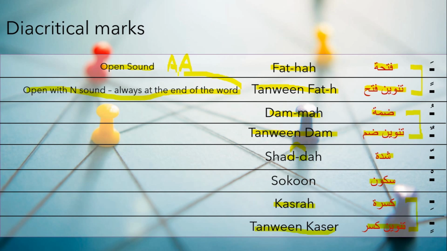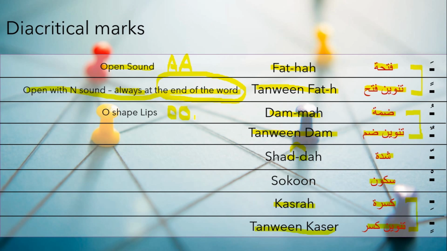So if we put it over the letter ra, it will be ran. If we put it over the letter, for example, alif, it will be an. And always the tanween comes at the end of the word, never in the middle or at the beginning of the word. So we are ending the word with it.